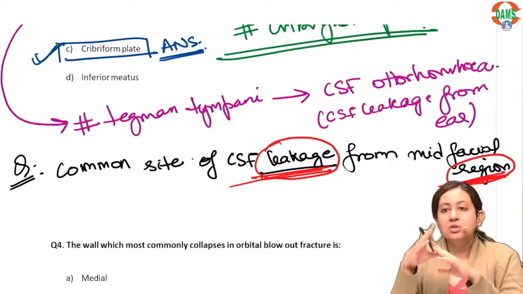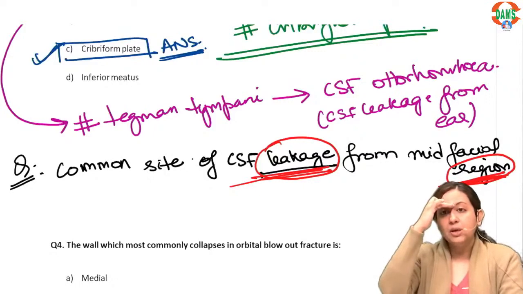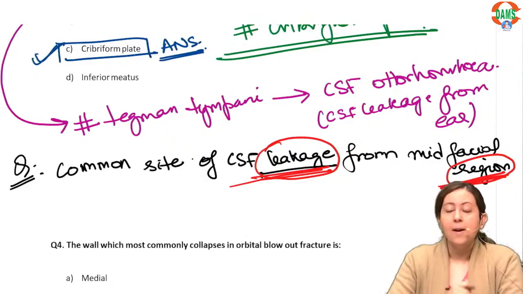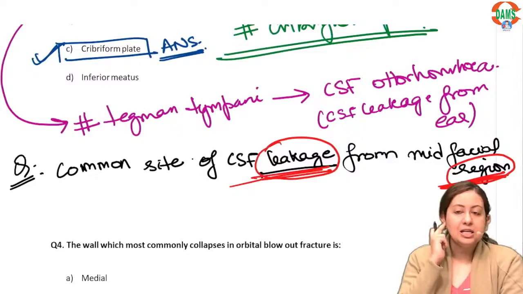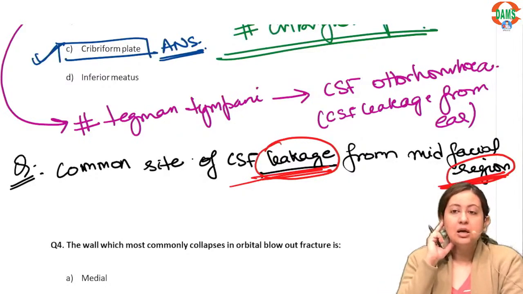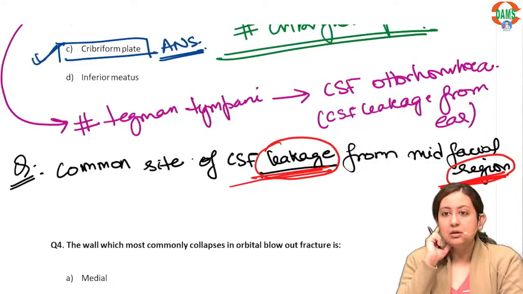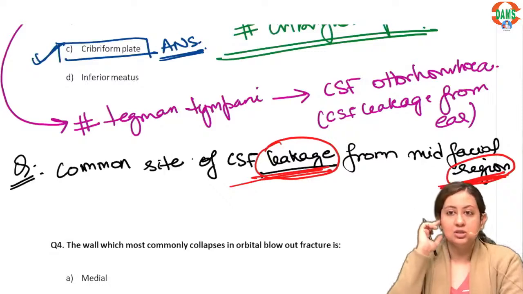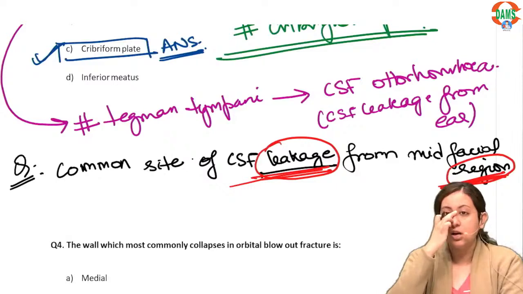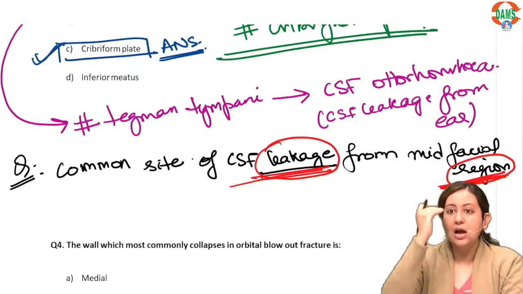The cribriform plate is forming the base of your anterior cranial fossa, but your tegmen tympani is present in the mid facial region. The tegmen tympani is a structure in the middle ear which separates the middle ear from the middle cranial fossa. So that is present in the mid facial region, whereas your cribriform plate goes higher up.